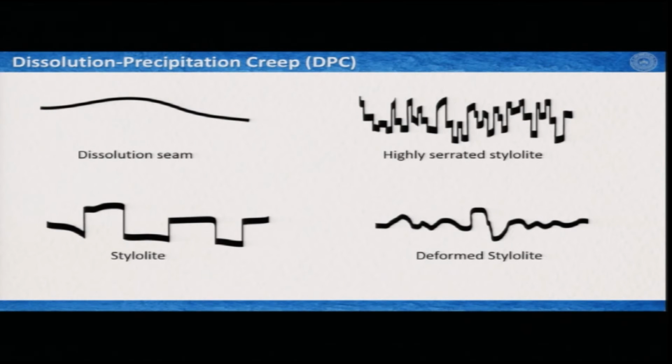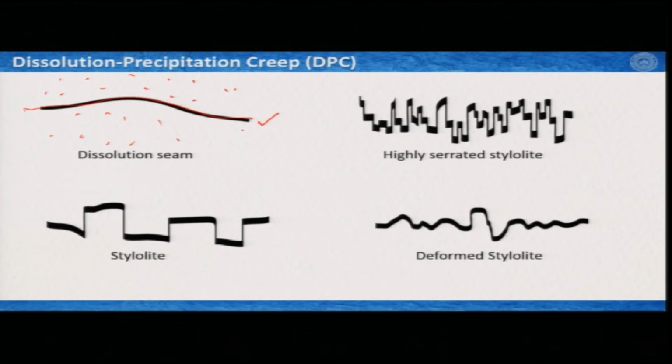Now, if it happens on the surface, initially we develop some sort of a plane which is known as dissolution seam. So, you have one grain or one area here, and then you have another area here, they just compress each other, and a dissolution seam forms along which the materials get dissolved.